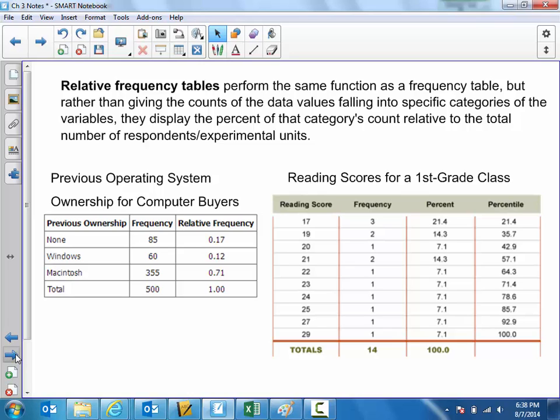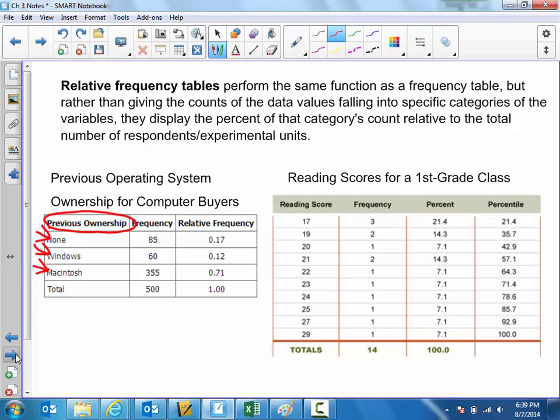So if you check out this first frequency table with me, talking about previous operating system ownership for computer buyers, we've got this categorical variable, previous ownership, and the data values it can take on are, some people did not previously have a computer, so they reported none, no previous operating system. We've got Windows, we've got Mac, and we've got a final row for the total.